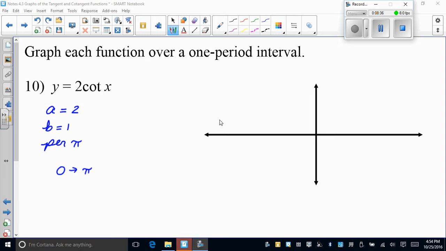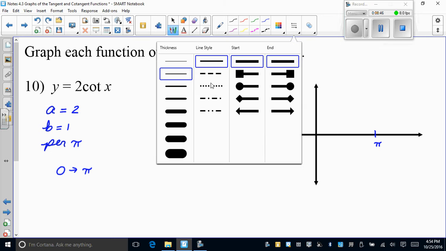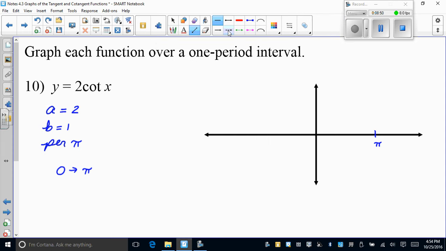So I'm going to put my value over here. Here's pi. And these are going to be vertical asymptotes. So I'm going to draw in some vertical asymptotes. One here. And I'll extend this one beyond it so that you guys can see that it's there.